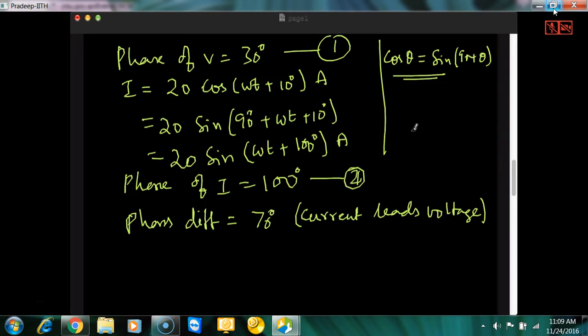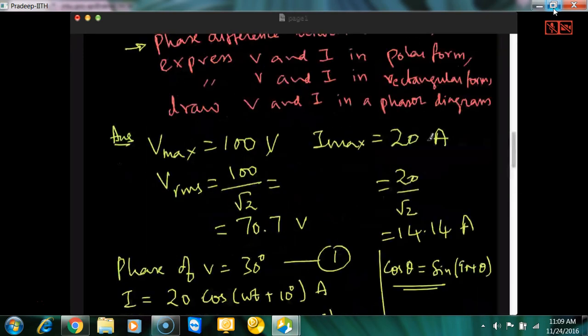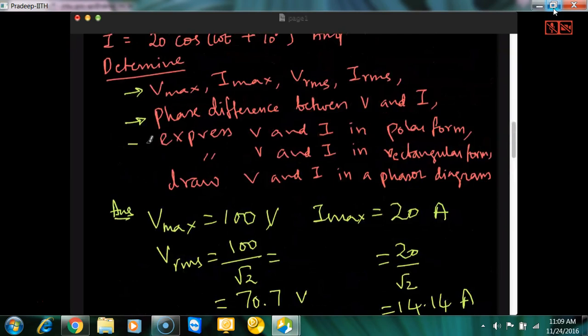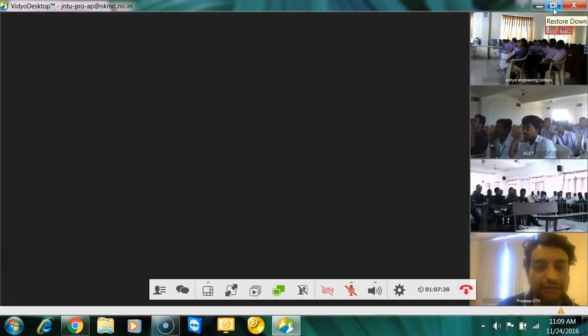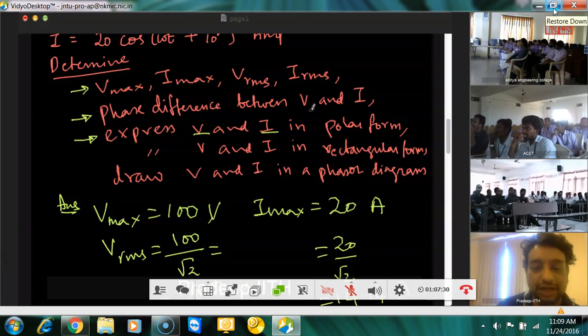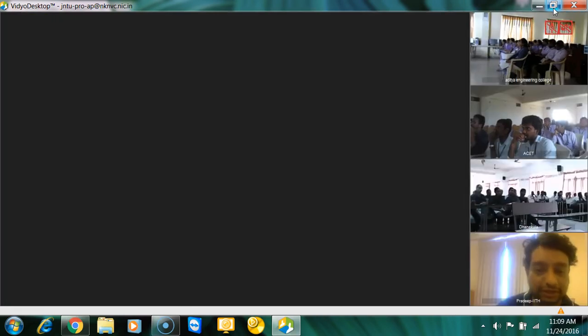Okay, so let's continue. What is the next part of the question? Express V and I in polar form. It is very important, it is very fundamental, how to express the alternating quantities in different forms. I have the equation form, then the polar form and then the rectangular form.